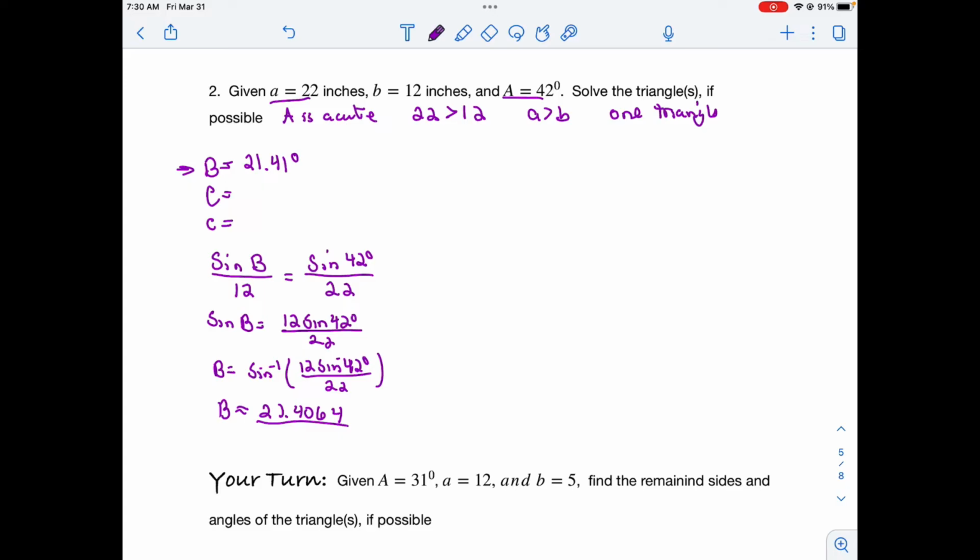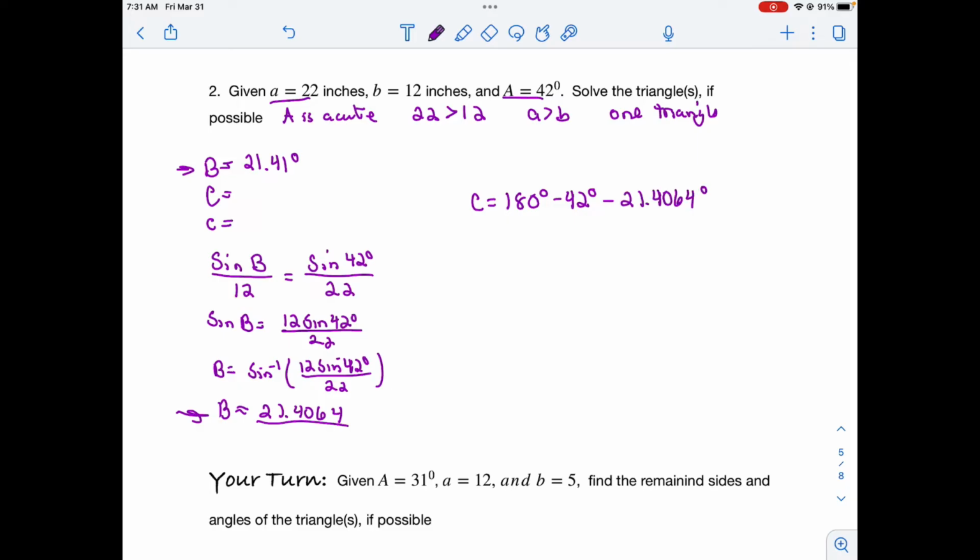But notice in my exact answer, I go to 4 decimal places. For the rounding error on these problems, I'm going to have to use my previous answers in future calculations. To help offset that rounding error as much as possible, I want you to go to double the accuracy. Since I'm requiring 2 decimal places, I need you to at least write your answer to 4 decimal places, and that's what you're going to use in future calculations.